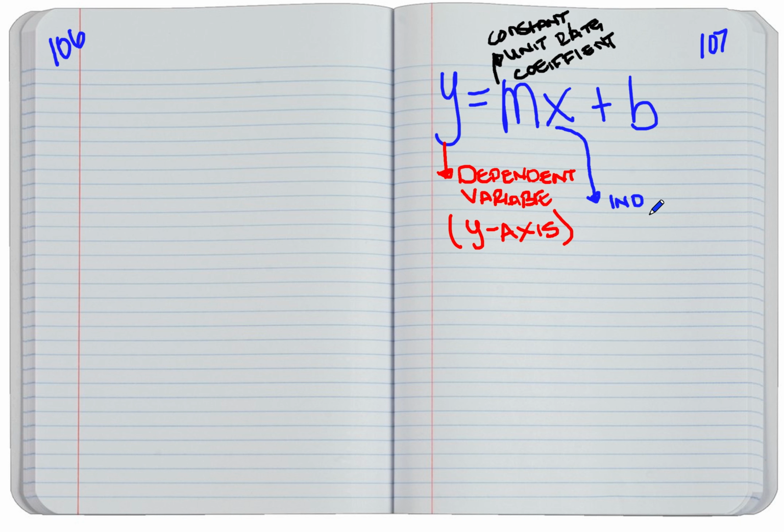X is independent. And just like over here, this one's called the y-axis. Obviously, this one's called your x-axis. So on a quiz, if it says, what is the x-axis number? It's whatever your x is at the time, whatever seems to be your independent variable.